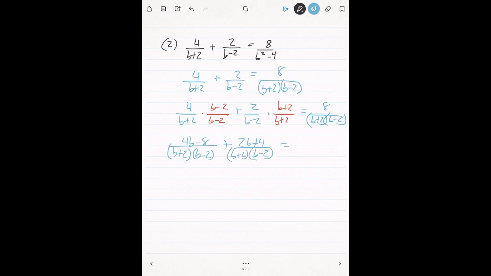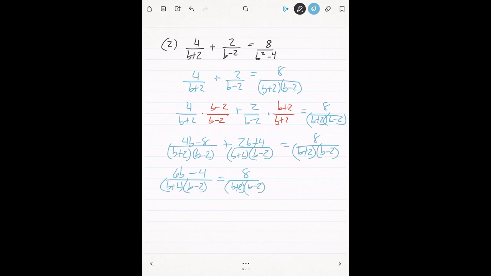And that's going to equal the b plus 2, b minus 2, all underneath 8. So let's go ahead and add these fractions together. We can add the numerators to get 4b plus 2b is 6b. Negative 8 and positive 4 is negative 4. And that's all over b plus 2, b minus 2. And we'll set that equal to 8 over the same thing.